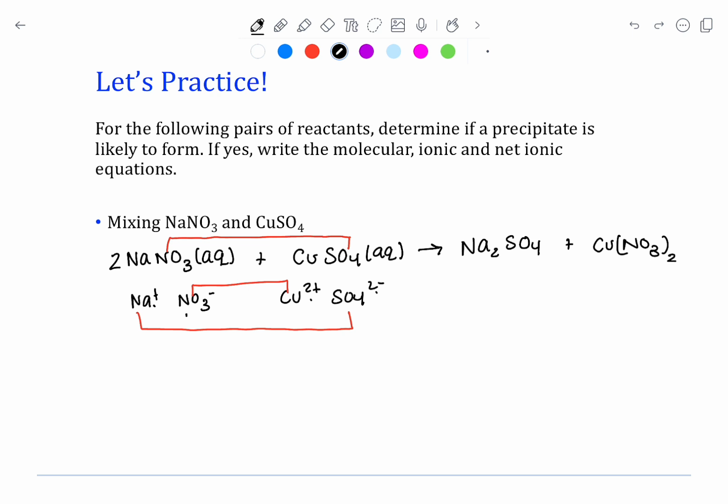The rules dictate that sodium, group 1 ions, and sulfate all are soluble in water, so this would get an AQ notation.